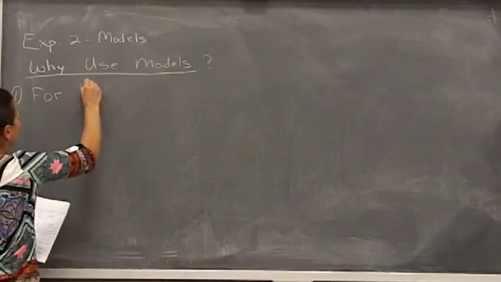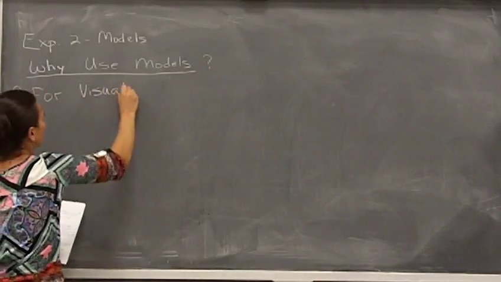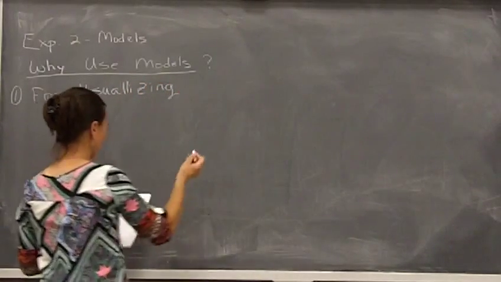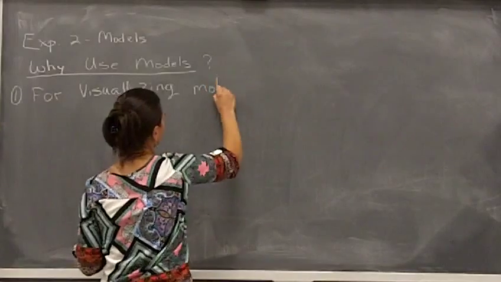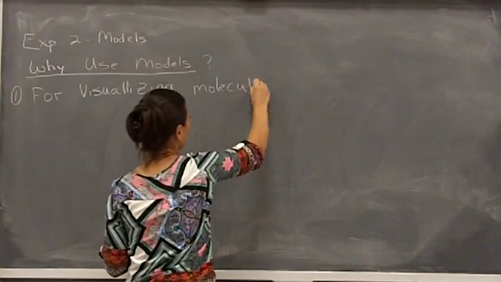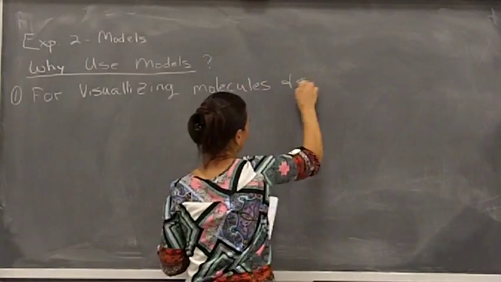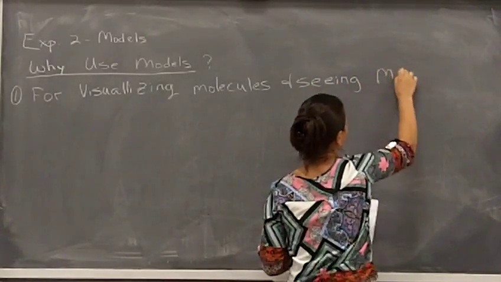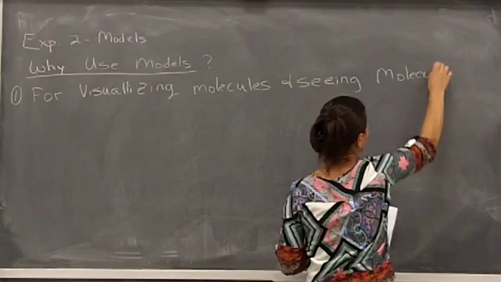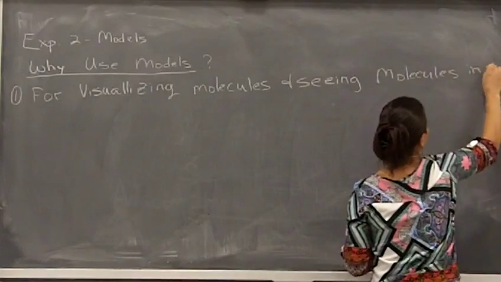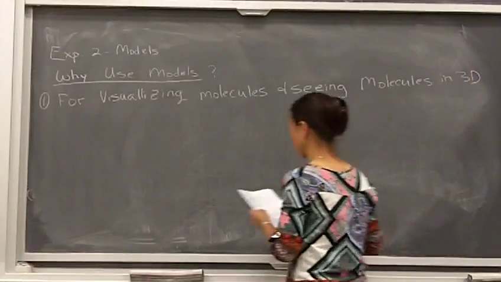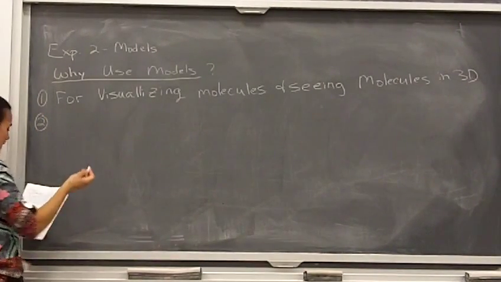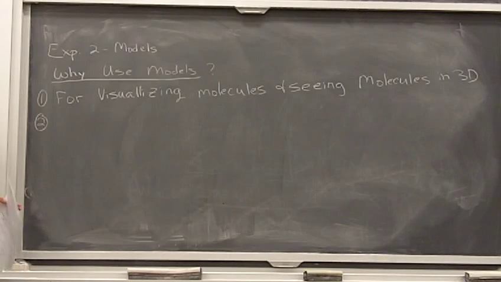So for visualizing molecules and seeing molecules in 3D, this is one way to do it. Or seeing what molecules are proposed to look like in 3D. For understanding conformations and energy barriers.